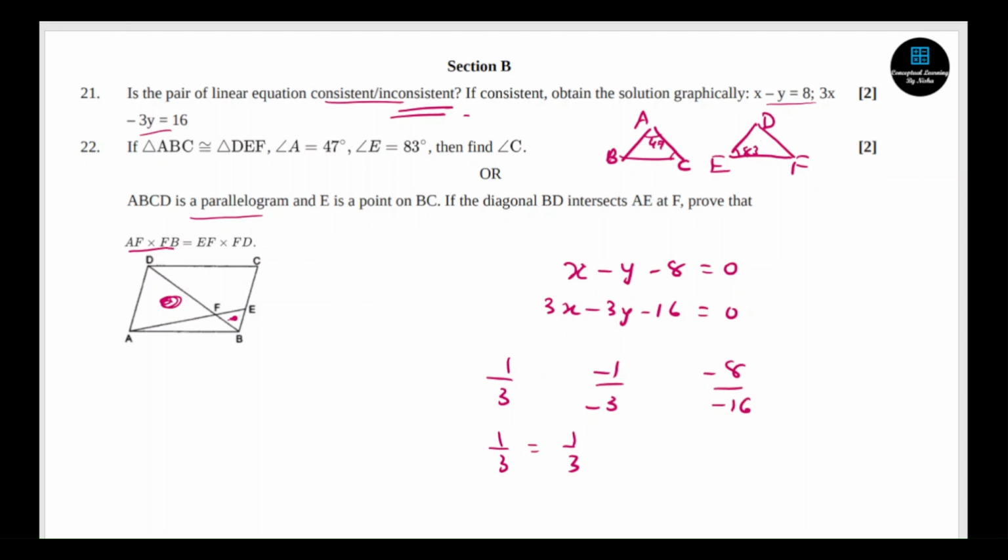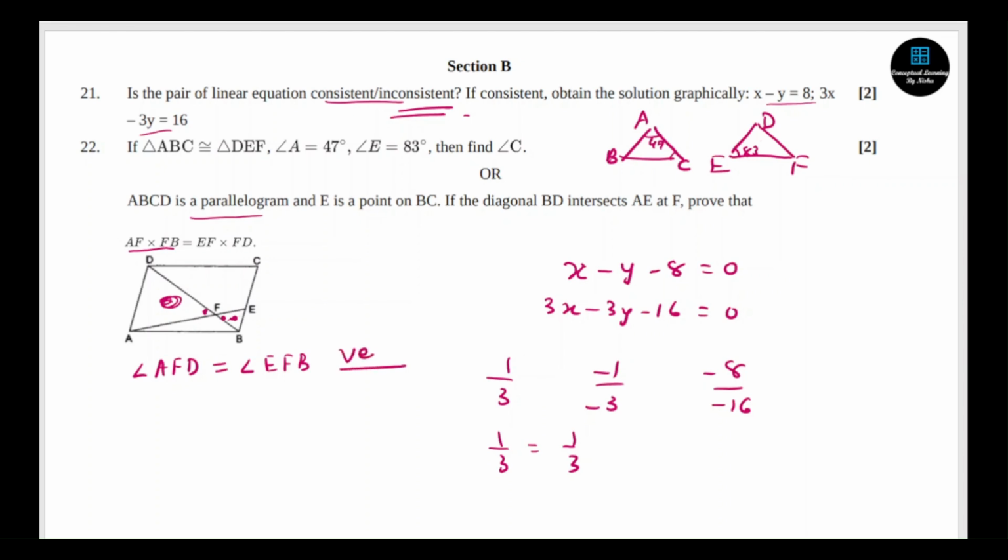So, let's do this. Okay. So, these two are vertically opposite angles, correct? Which angles? Angle AFD equals angle EFB. Correct? Vertically opposite angles.